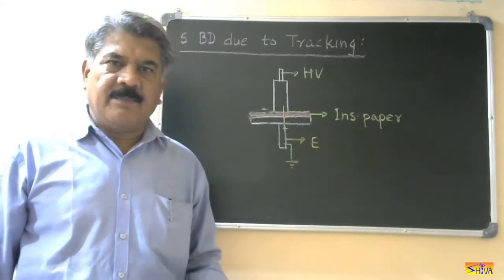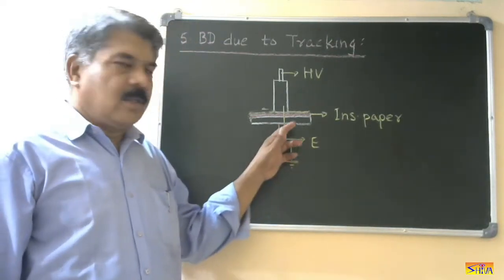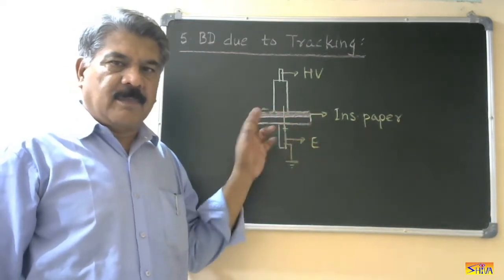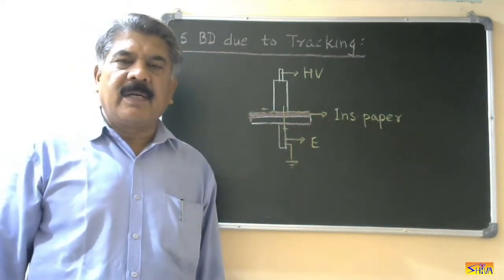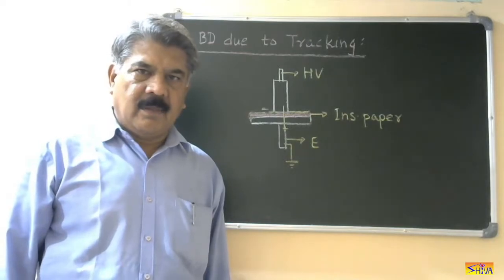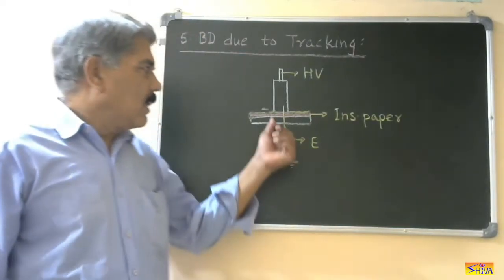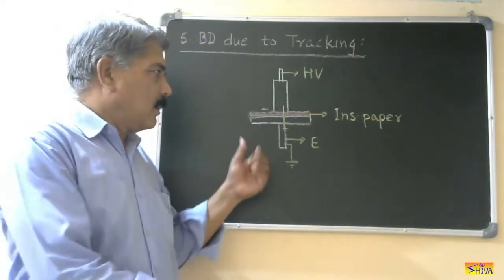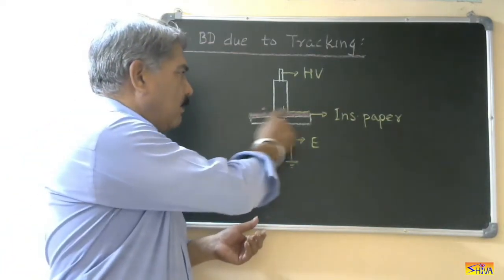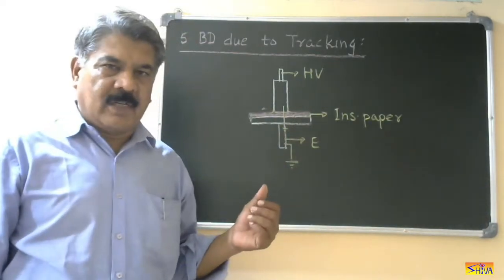The voltage required to form the track on the surface of the insulation paper is called the tracking index.